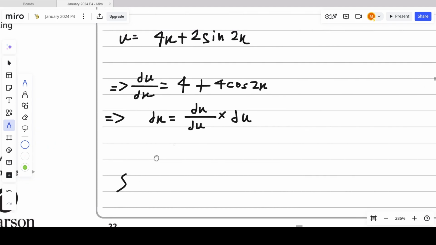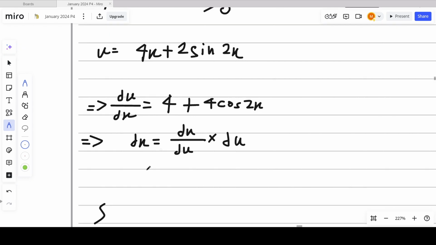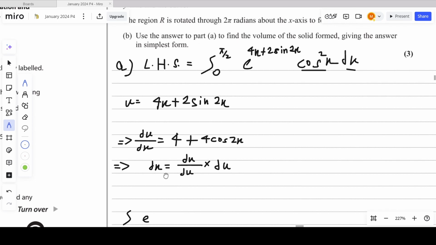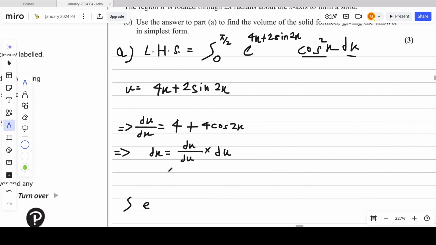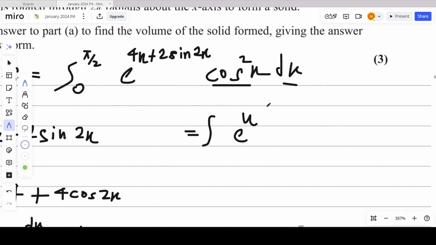For now, ignore the powers and the limits. You will get the integration of e to the power u, and there you see cos squared x, and dx can be written as dx over du times du.